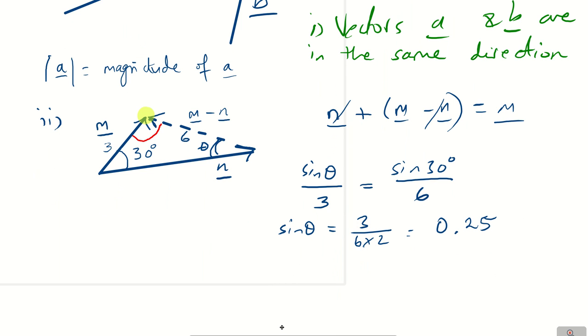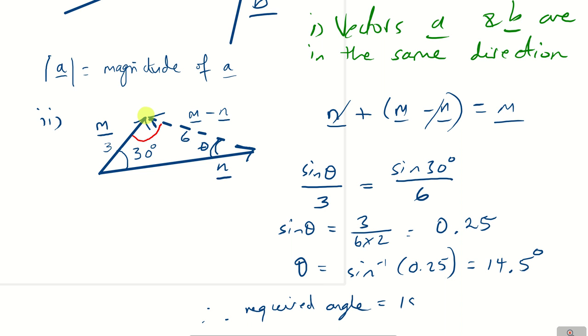And if sine theta is 0.25, that means that theta is going to be equal to the inverse sine of 0.25, which you can do on the calculator, and it comes to, I think, 14.5 degrees, and therefore the required angle equals 180 minus 30 minus 14.5, which equals 135.5 degrees.